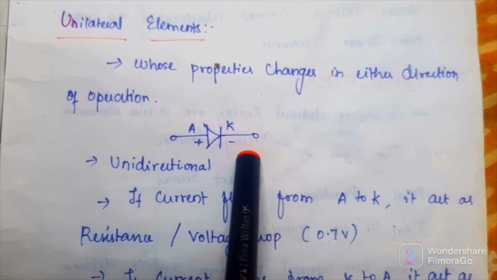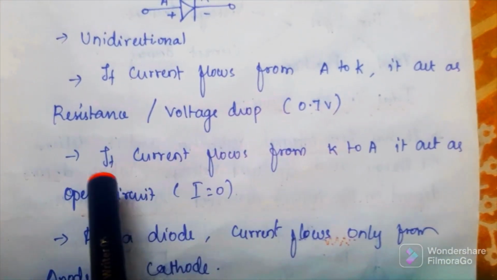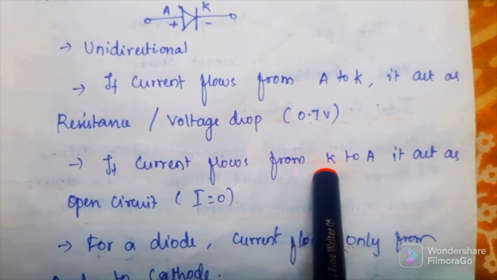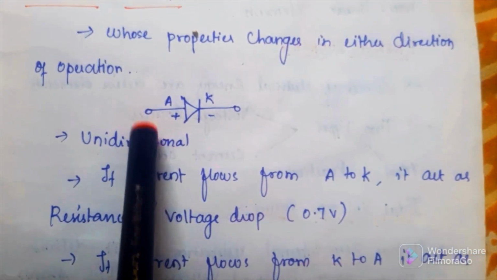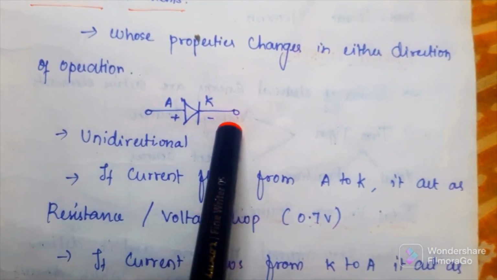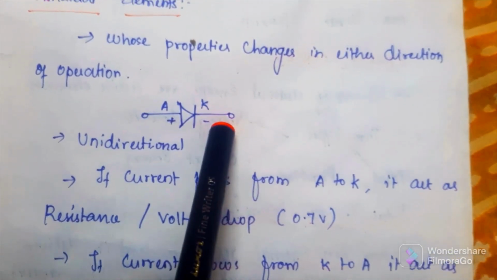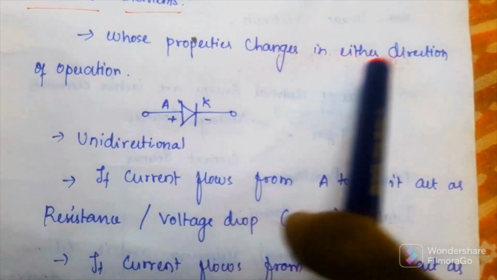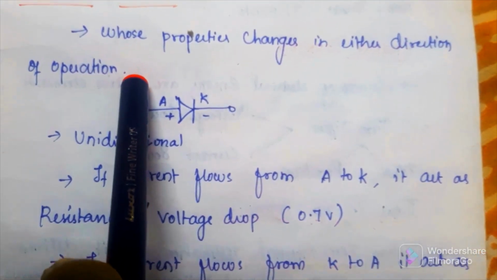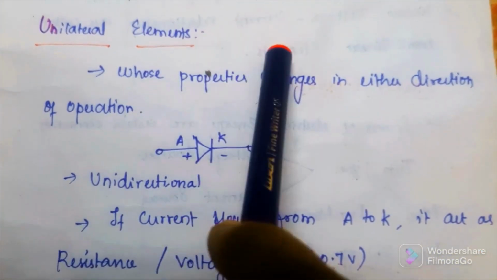Suppose the current flows from negative to positive, that is cathode to anode, it acts as an open circuit. So it performs two different types of function in both directions. The properties change in either direction of operation. That is called unilateral elements.